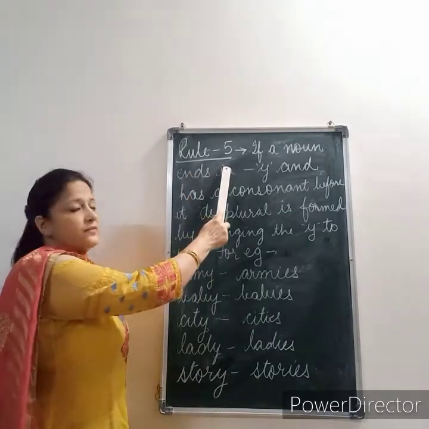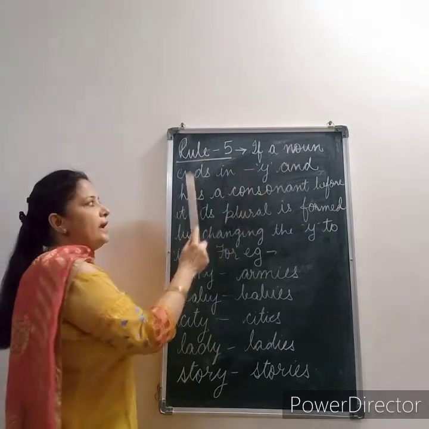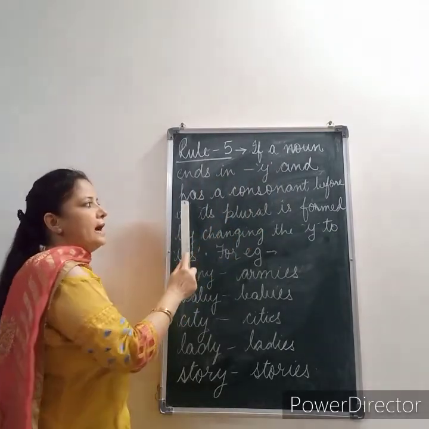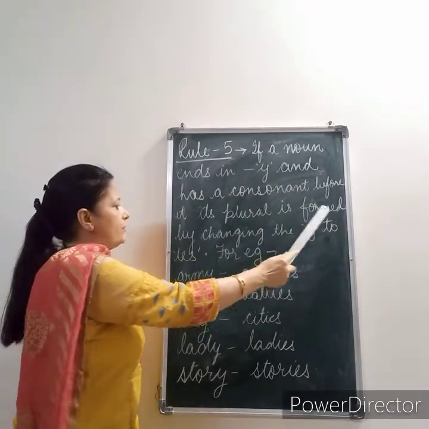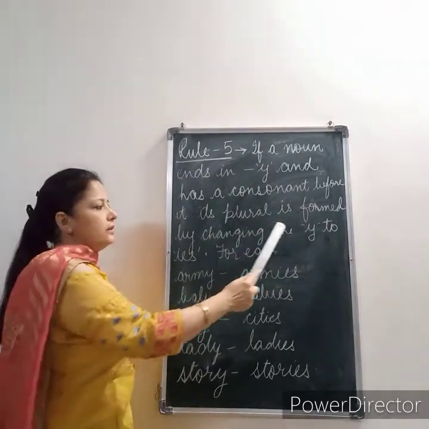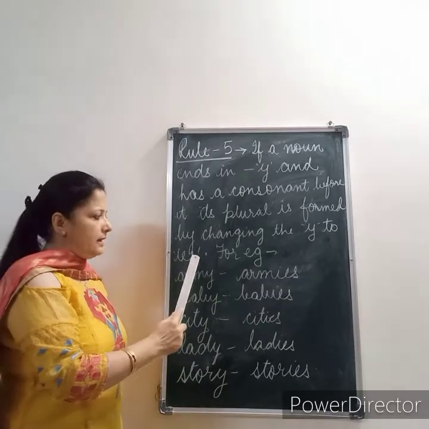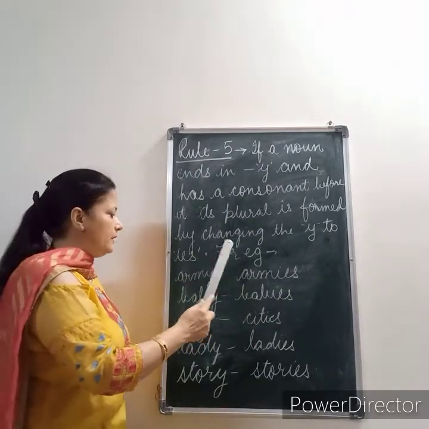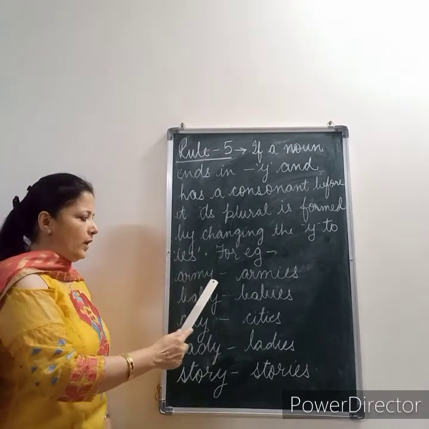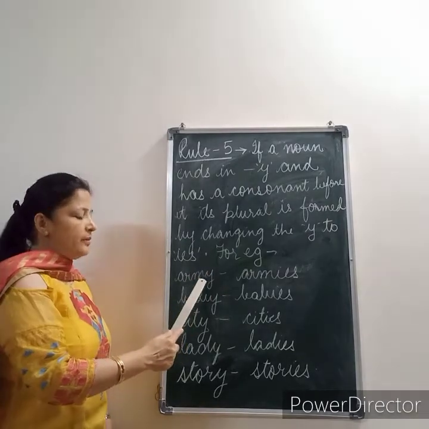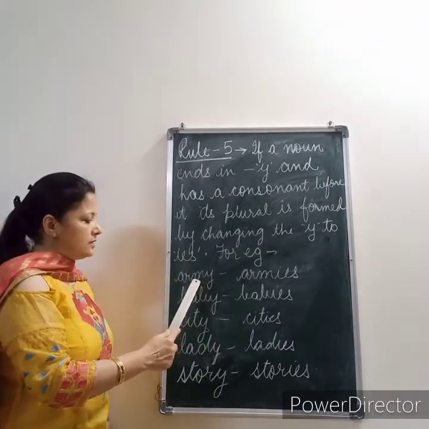Rule number 5 says that if a noun ends in y and has a consonant before it, its plural is formed by changing the y to ies. For example, army. The word army is ending with y, but just before y we have a consonant m.